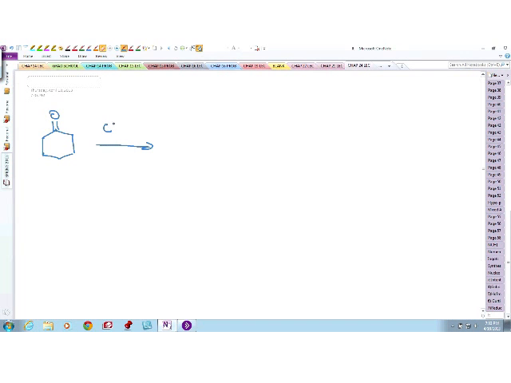Here you use a secondary amine. Now with secondary amines, what do we form? We actually form the enamine.